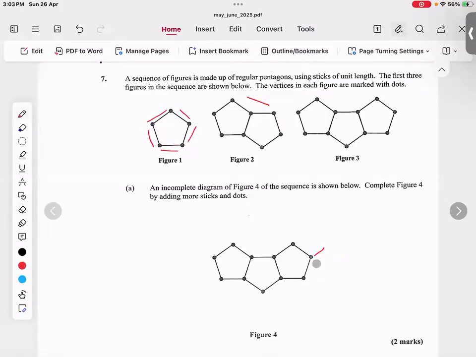Now you could probably do something like this. So you're going to attach another pentagon onto this. So that's one side. So one side, 3, 4, 5. That's it. Just draw it neater than mine though.